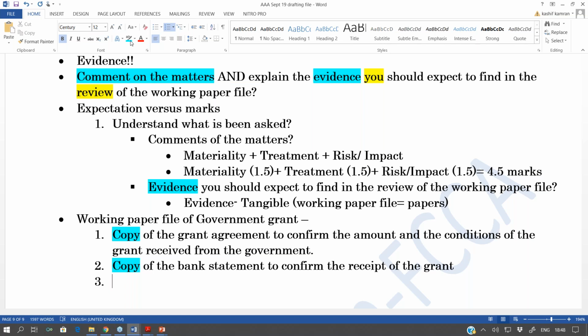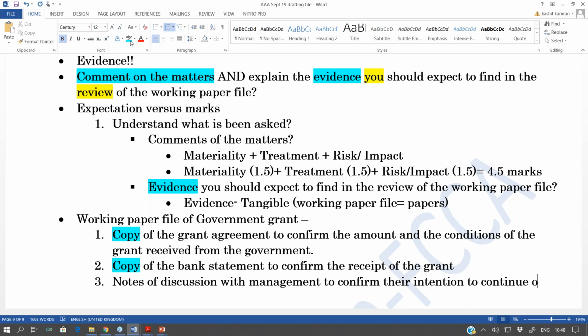So when I discuss with management, discuss is a procedure, right? When I discuss with the management, what evidence will I have in my working paper file? I will have notes of discussion with management to confirm their intentions to continue operations for the next 5 years.